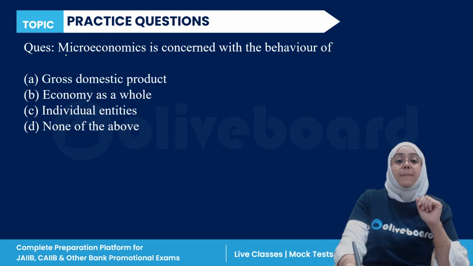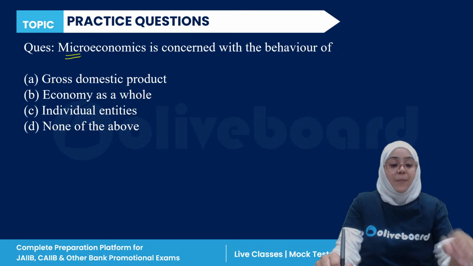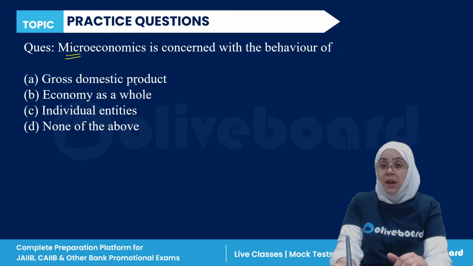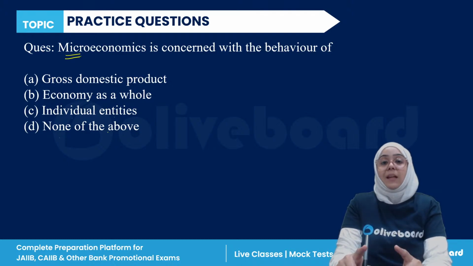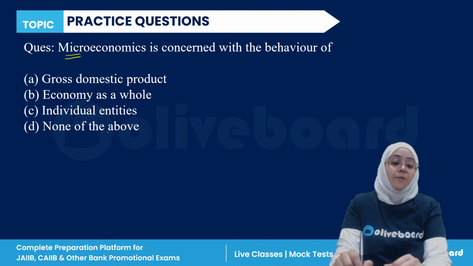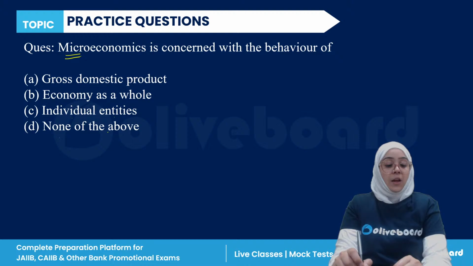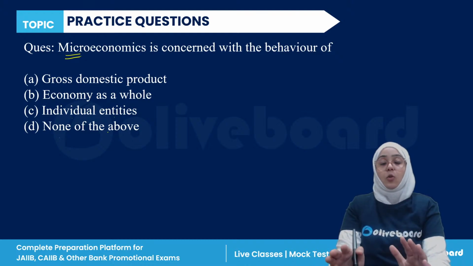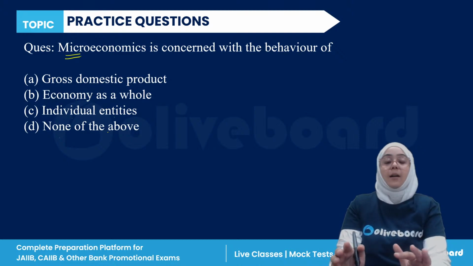Next question. Microeconomics is concerned with the behavior of: GDP, economy as a whole, individual entities, or none of the above. Microeconomics is concerned with the behavior of what? Hema, Navdeep, Ruchi, everyone. I have just told you that economics is broadly divided into microeconomics and macroeconomics.